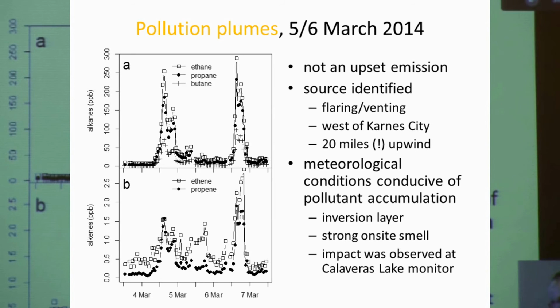At least for the first plume, if you look at the Calaveras Lake monitor data, you will see an effect of that plume that lasted about an hour after midnight, I believe, on the 5th of March. And you'll see it in the ozone and PM data.